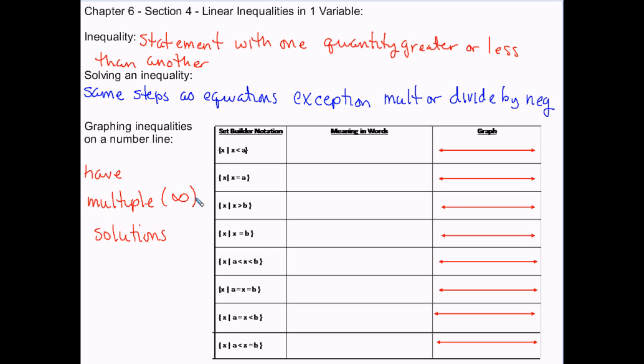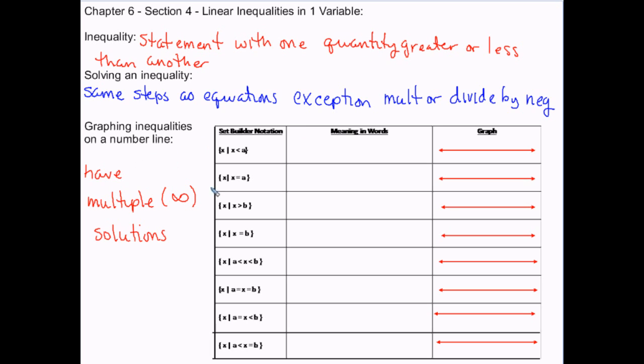It's any number that's bigger than 3 throughout all the numbers, which means you have an infinite number of numbers. So with an equation, we're going to have one, none, or infinite solutions. With an inequality, we're either going to have infinite solutions or no solutions.